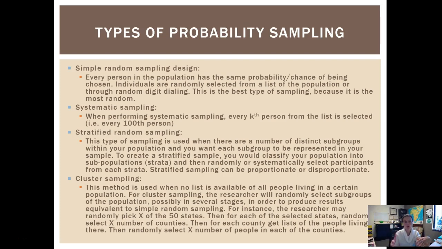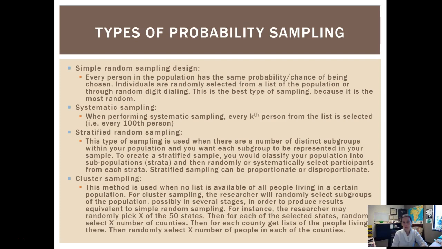So at NKU, that would mean that you would have a list of every single NKU student, and you would have the computer randomly select however many people you want to have in your study. So let's say 500 people, you have the computer randomly choose 500 individuals off of that list.